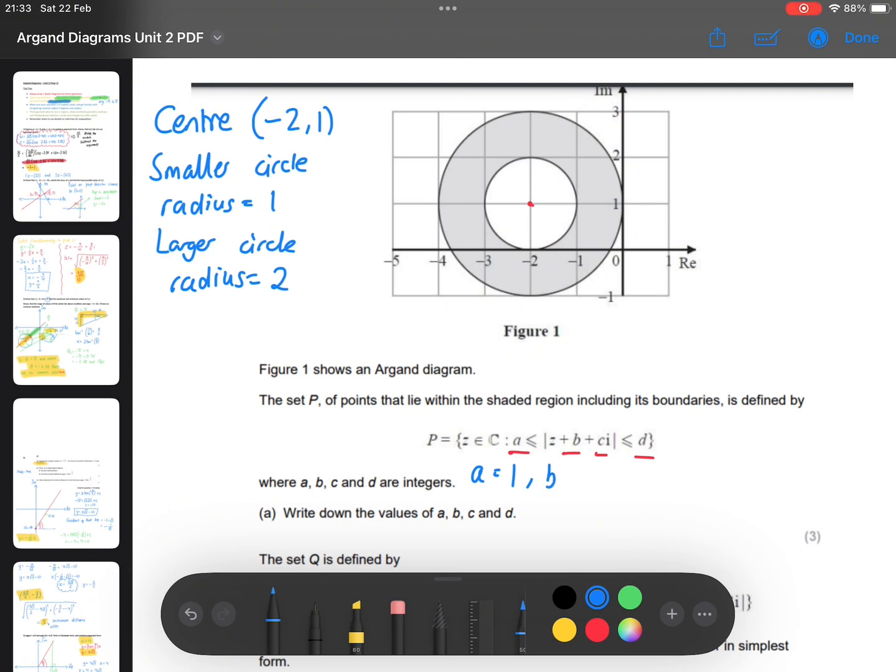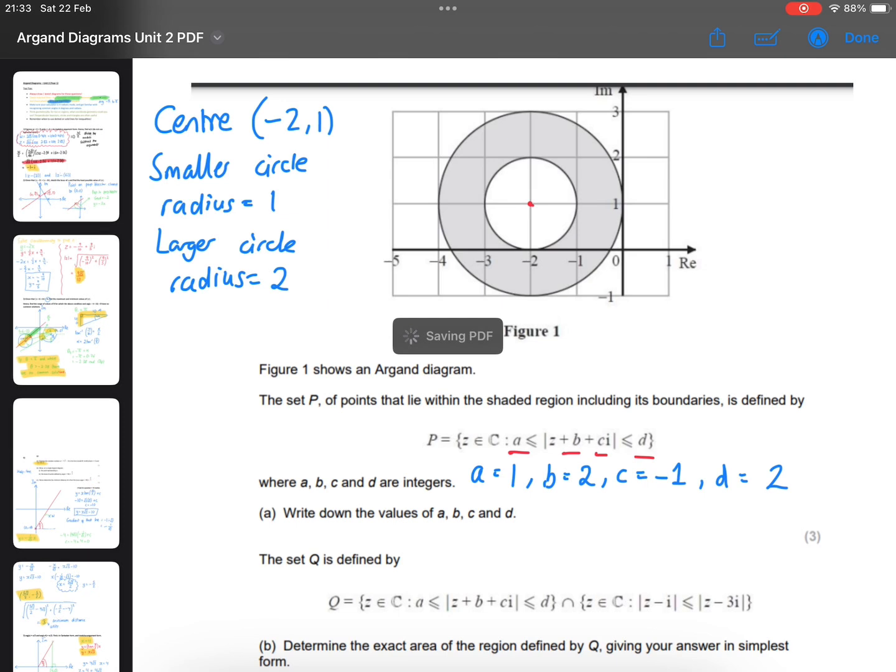B is going to be 2, and C is going to be minus 1. Remember that we switch the signs around when we have those modulus signs, because that's the way we work to find the centre of the circle. And D is going to be the radius of the larger circle, which is 2.